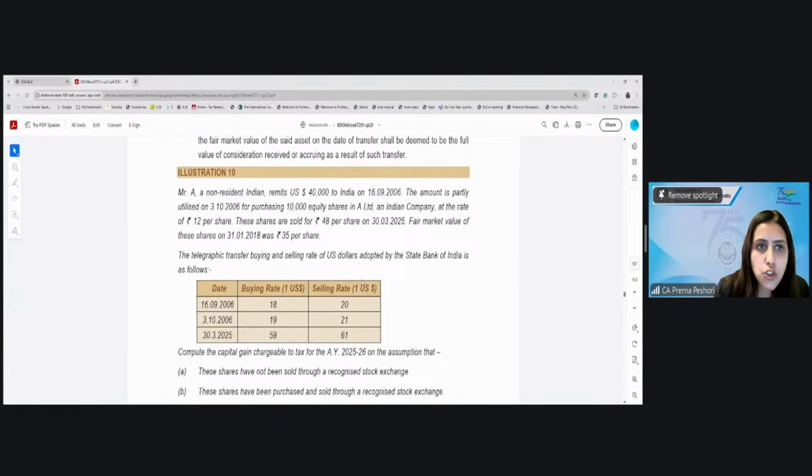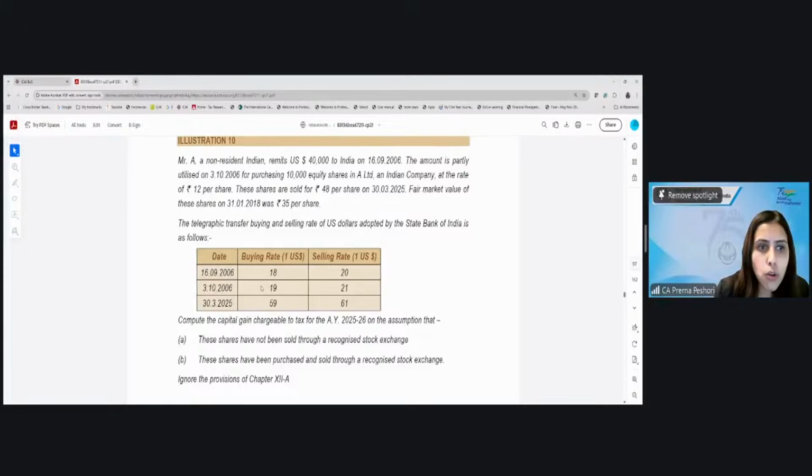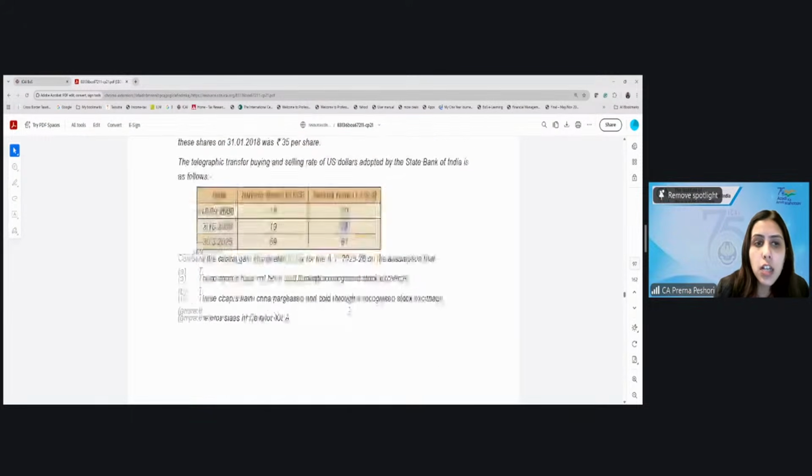What is the cost of acquisition? Yes, 10,000 into 12 is the cost of acquisition, no? 10,000 into 12 divided by, as on the date of purchase, which was on 3rd October, 19 plus 21, which is 20, the average of this, divide by 20.